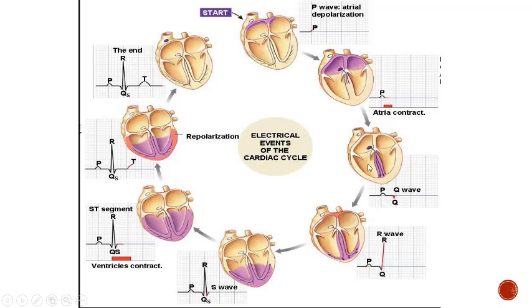So now imagine that the blood is in your ventricles, and they don't show it on here, but your blood is in your left and right ventricles. And that signal is moving its way down from the AV node to the bundle of His, and then now it's going down the right and left bundle branch. So you can see that purple is down here, and it's starting to contract the ventricles.